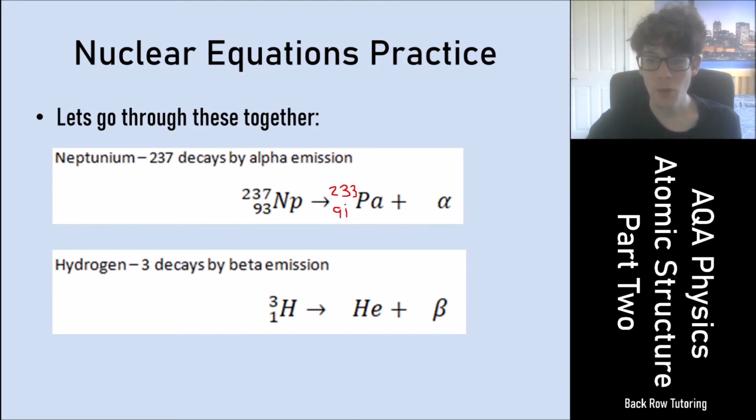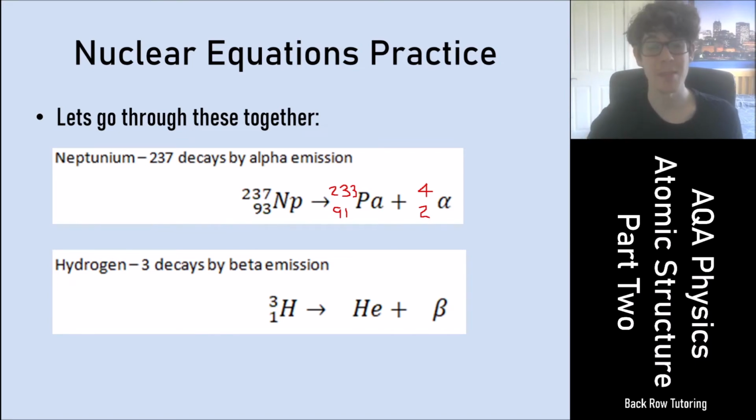So 233 plus something is 237. Well, that's 4. We know that alpha particles have a mass number of 4 because they're 2 protons and 2 neutrons. 91 plus something is equal to 93. Well, that's 2. And that makes sense because alpha particles have a proton number or an atomic number of 2 because there's 2 protons.